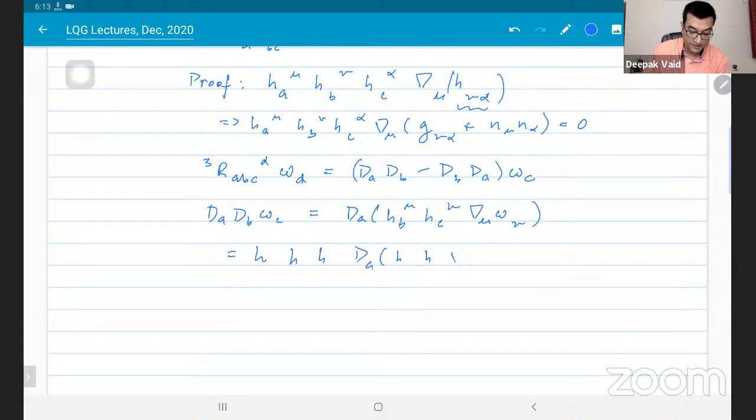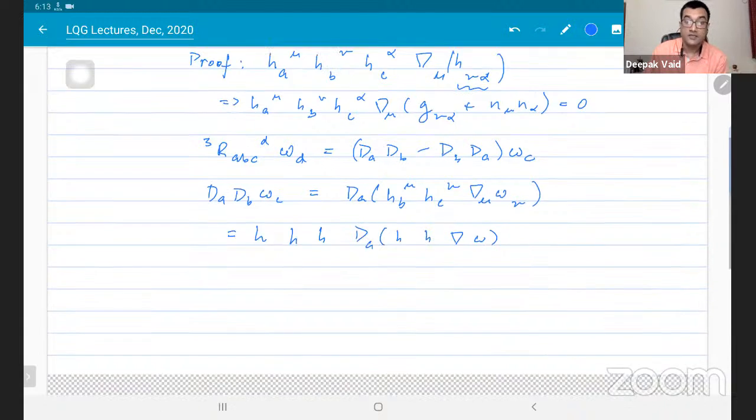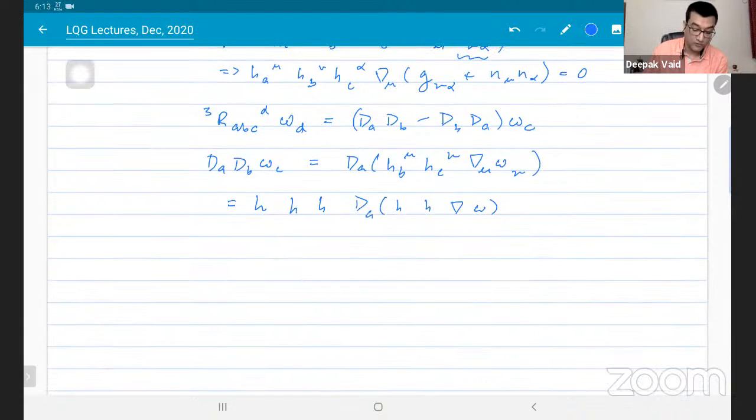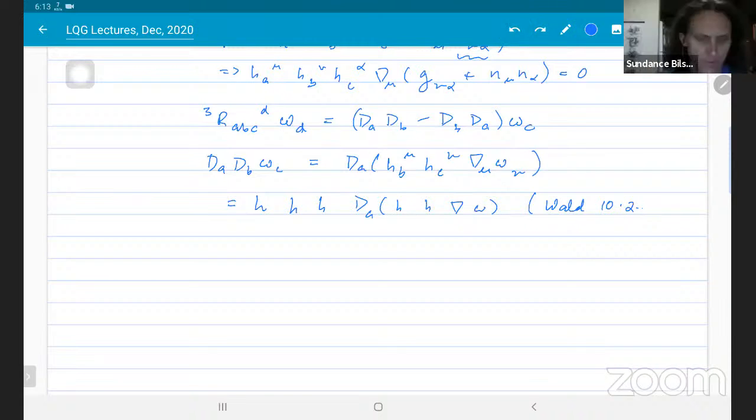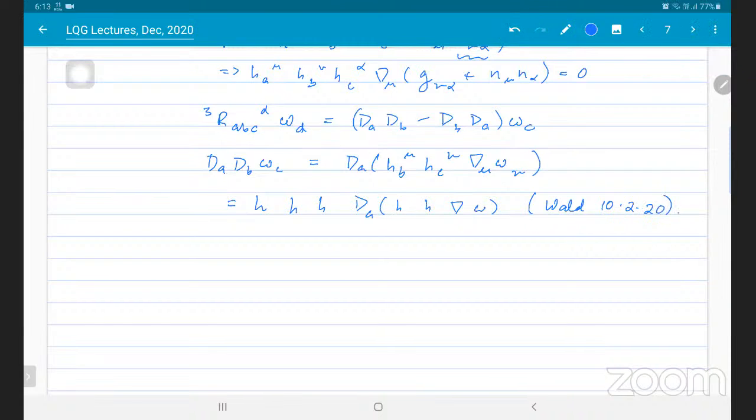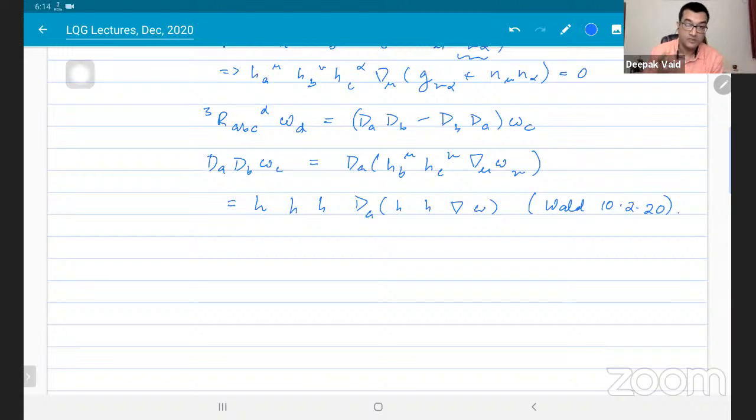Then this D, then h, something like this. I'm not writing down all the indices. This is all worked out very nicely in Wald, in equation 10.2.20. I have shared all the sections from Wald, which collectively give you the complete guide to the 3+1 formulation, including the Lagrangian and the Hamiltonian framework.